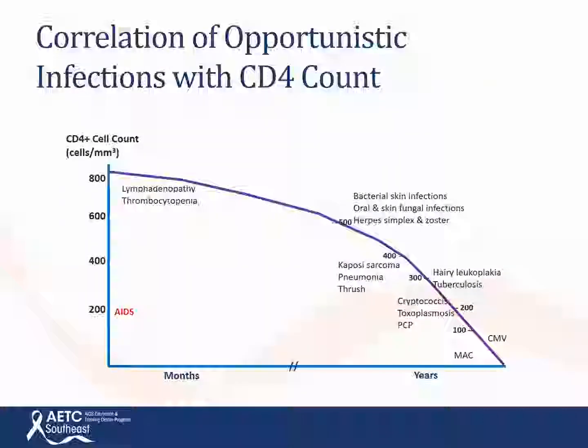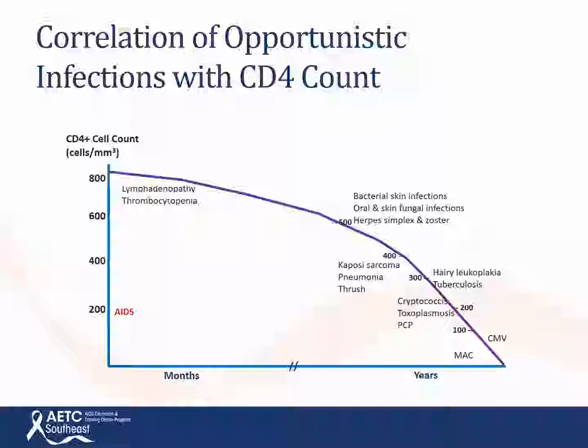I use this slide to illustrate for you what happens when a person loses their CD4 T cells. On one axis, we have CD4 count, and on the other axis, we have the time as the disease progresses from months to years. If a person with HIV infection is not on antiretroviral medications, the virus will continue to replicate and the immune system cells will continue to drop.